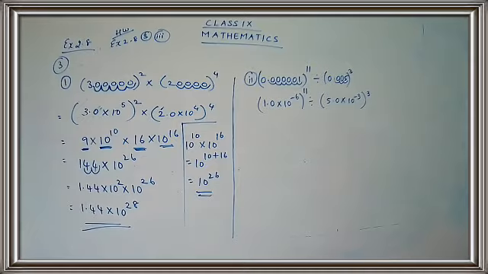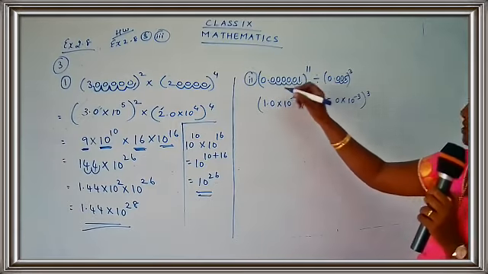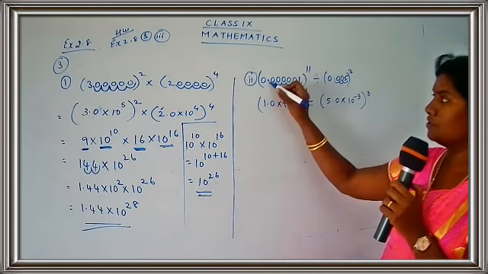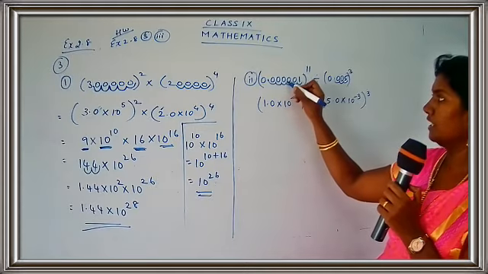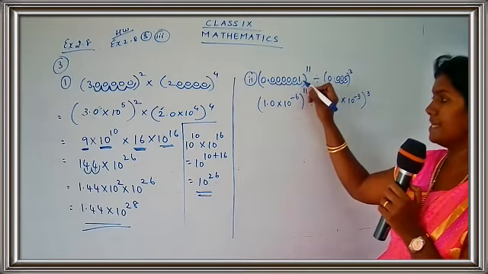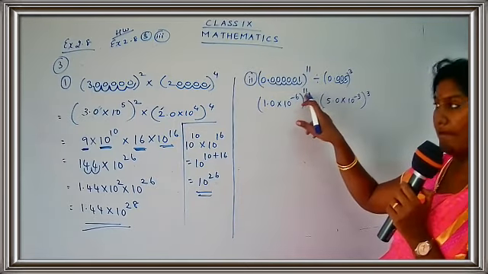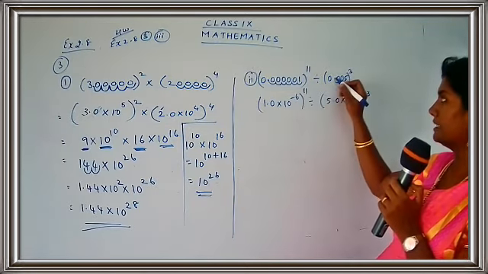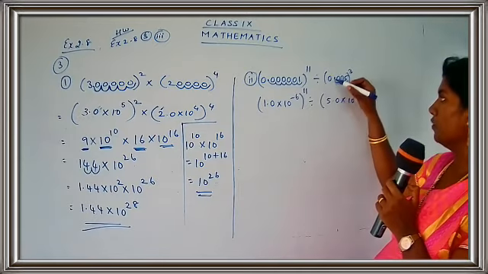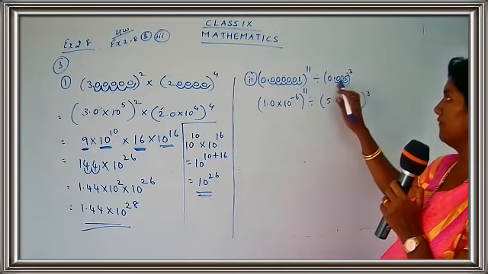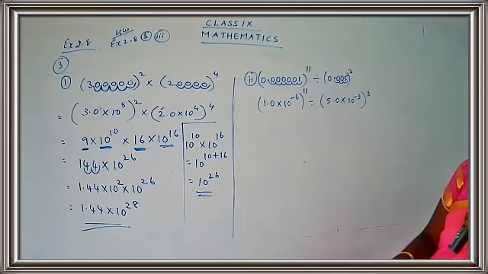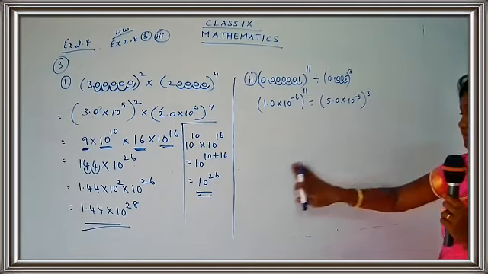Clear? I hope you people are clear with the scientific notation. So the decimal point was over here, yes children? So 1, 2, 3, 4, 5, 6. 1.0 into 10 raised to minus 6, the whole raised to 11, divided by, it's over here. So 1, 2, 3. 5.0 into 10 raised to minus 3, the whole raised to 3.